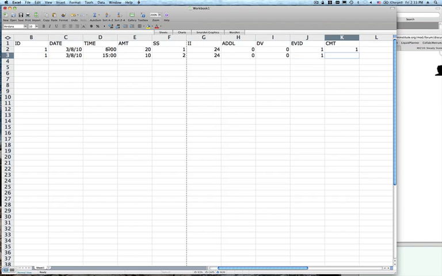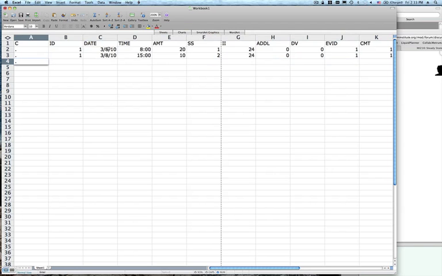Dose 1, compartment 1. Okay, is this starting to make sense? And then we get ID number 1 again, same date, 3/8/2010. And the time now is 8 p.m., so that's 2000. And the dose is 10 milligrams, again steady state 2, 24-hour interval, no ADDLs, no DVs.